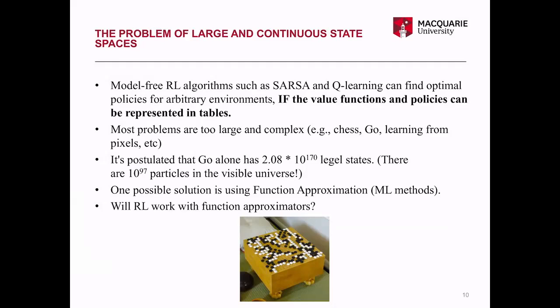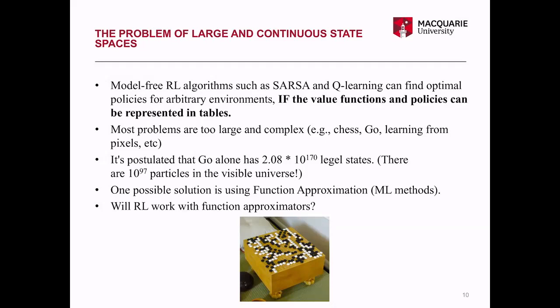Clearly you can't save this amount. And notice that this is just the number of legal states. If you want to save the Q function for this, you need to multiply it by the number of possible actions in each legal state. So it's impossible to save this in a table of values.